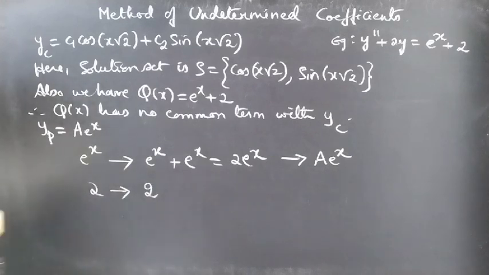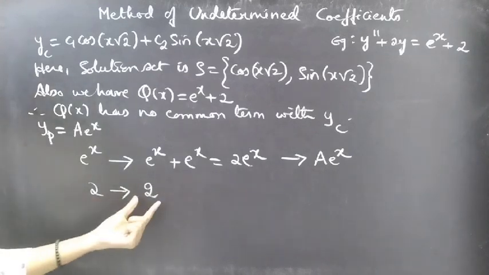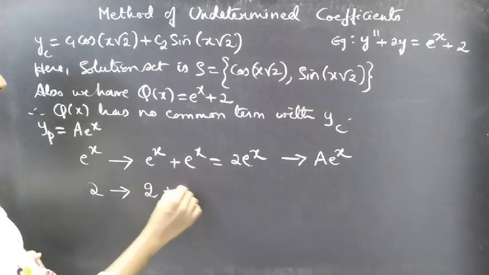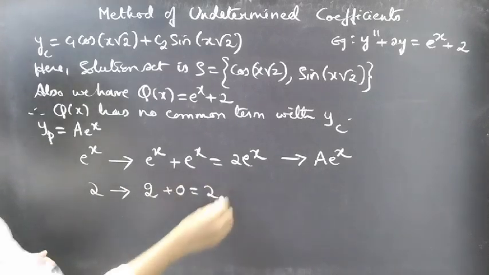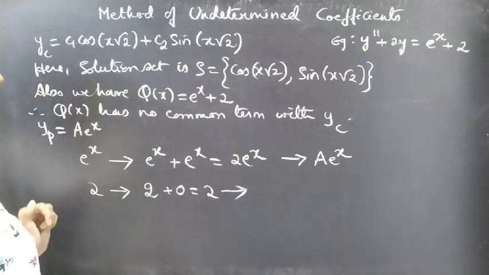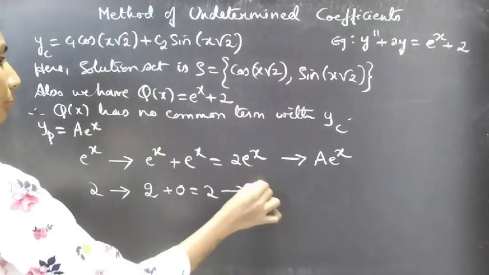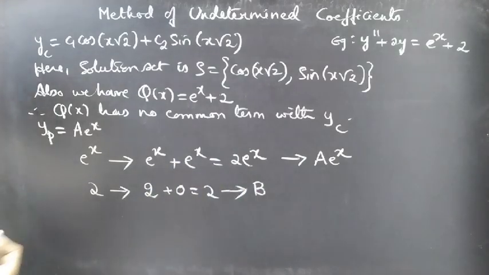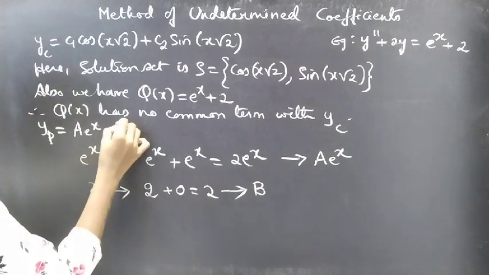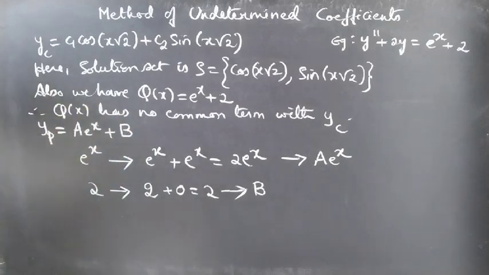You take this 2, that is Q of x, and its derivative. Its derivative is 0, so you'll get 2, which is a constant. So we'll replace it by a constant, say some b. So you'll get plus b here.